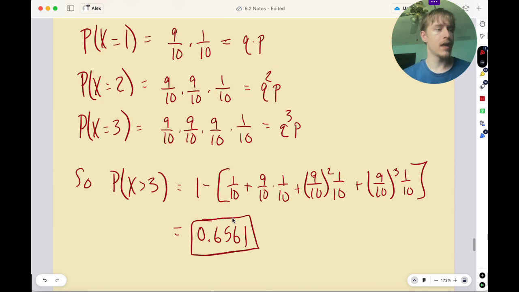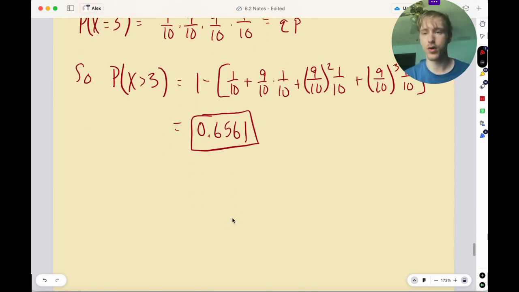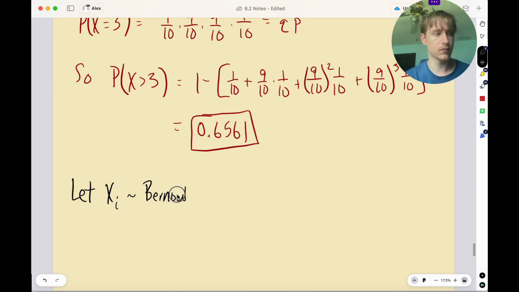Okay, and that's essentially the geometric distribution. We're going to kind of define it formally, of course, and then talk about the generating function, but there you have it. Okay, so the idea is we're going to go ahead and let xi be Bernoulli with parameter p.